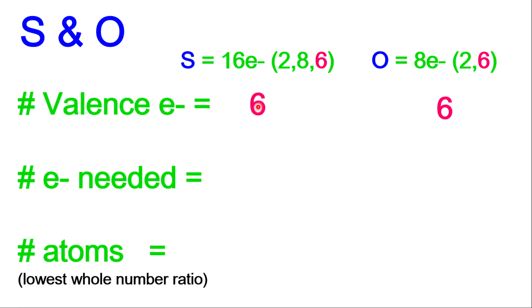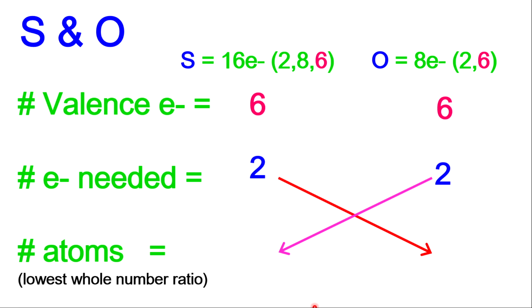The amount of electrons needed by sulfur to make this complete, which you're working to achieve 8, is 2. For this other one, again, is 6, so therefore it requires 2 more to become 8 or create that octet. The number of atoms needed, again, remember we cross multiply. And notice the numbers at the bottom.